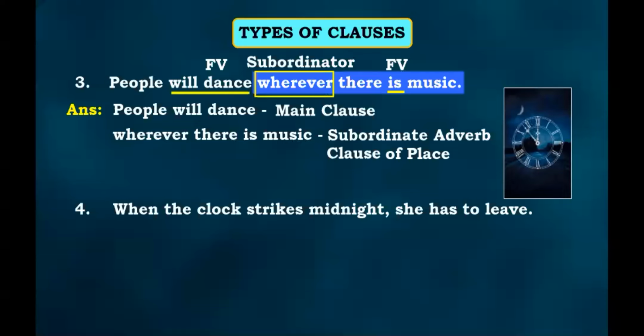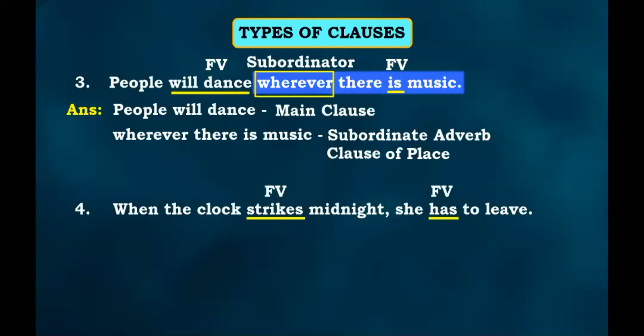It doesn't show us the time, correct? So has and strikes. All right. Pick out the subordinator. Very good. When. So since the subordinator is at the beginning, our subordinate clause is also placed at the beginning.